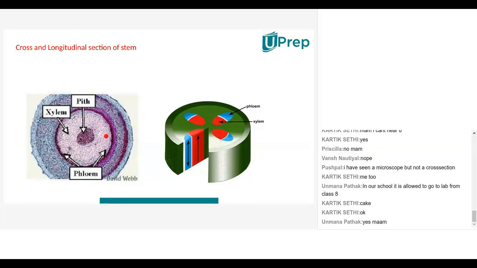But this is exactly how you will find a stem cross section. And this is a longitudinal section. In this case also, you will cut the stem longitudinally. Correct? You will cut the stem maybe horizontally.